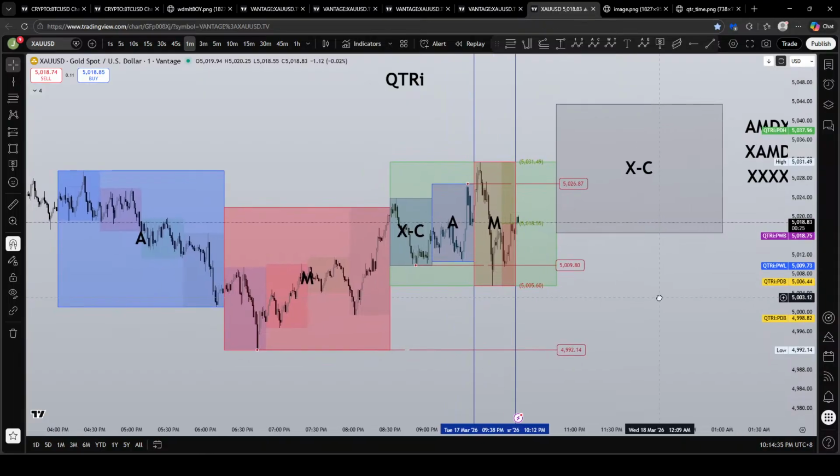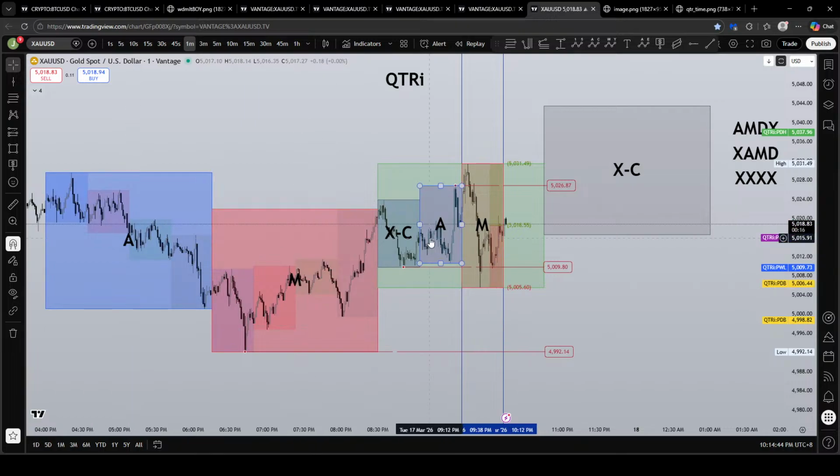Now, since I have already a forecasted QTRi structure, which is a possible AMDXC, then I will try to find an entry or an entry model that will be within the acceptable retracement level of the following.